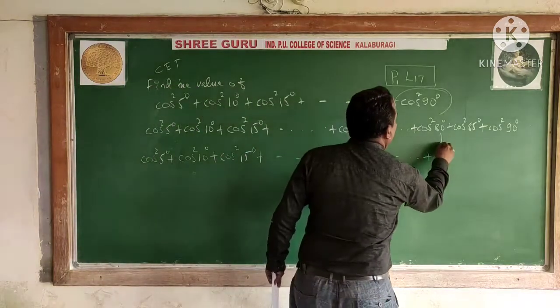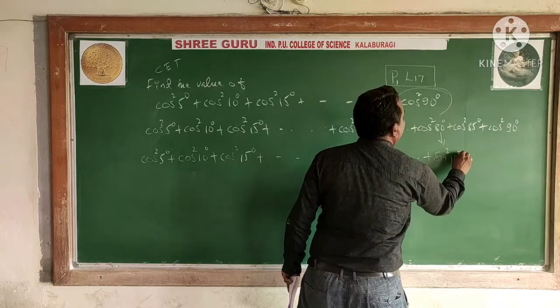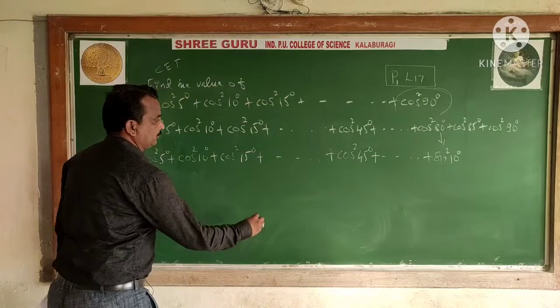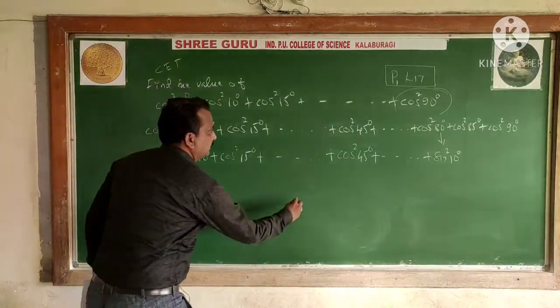See here, I will write cos square 80 degree directly as sin square of 10 degree. Is it possible to write this? Yes, because 80 can be written as 90 minus 10, so it is sin square of 10 degree.